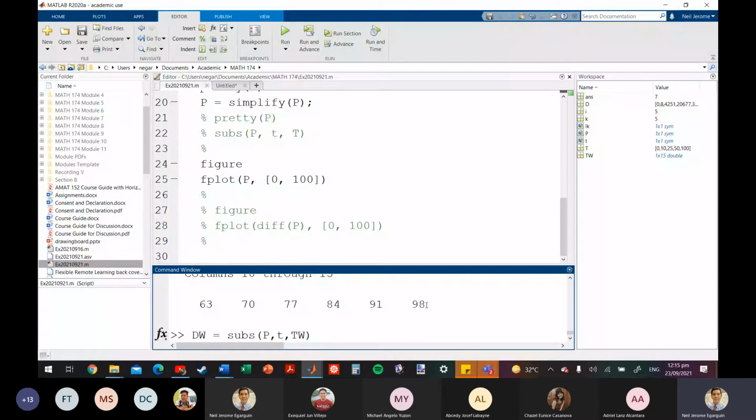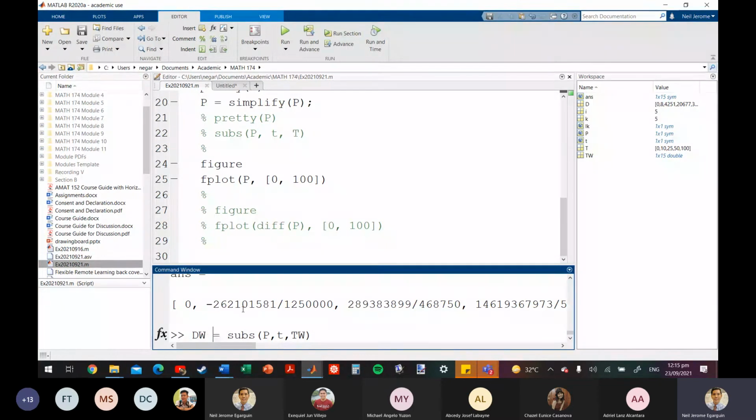Okay. So dahil hindi ko nilagyan ng semicolon, in-output ni MATLAB yung dw. Okay. So ito dapat yung command ko, dw equals subs.